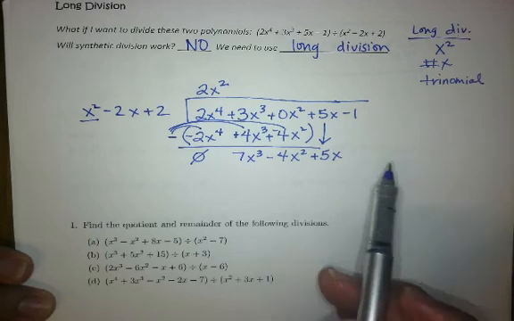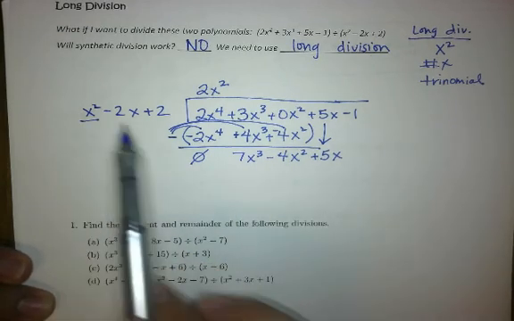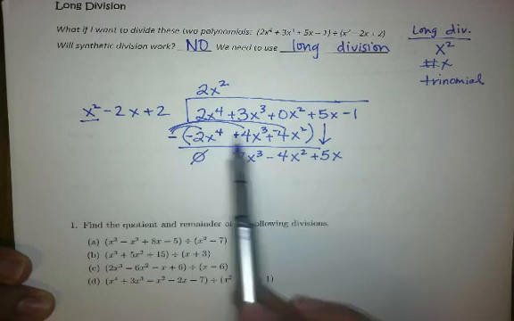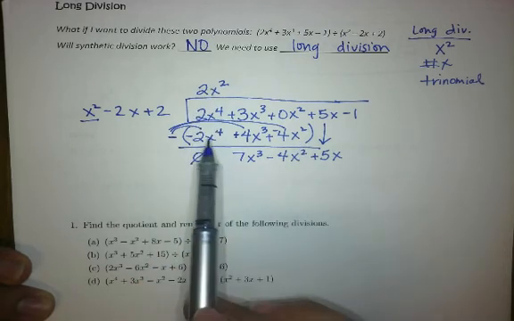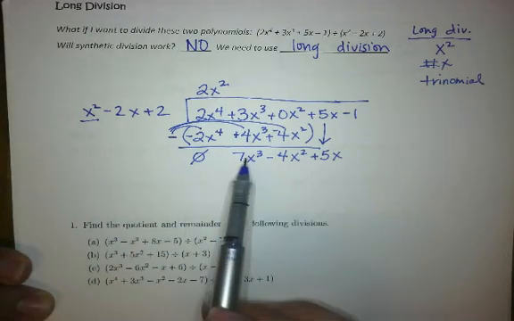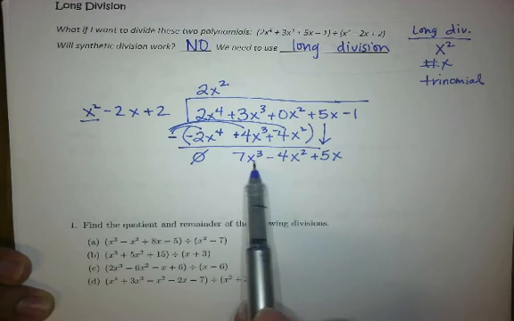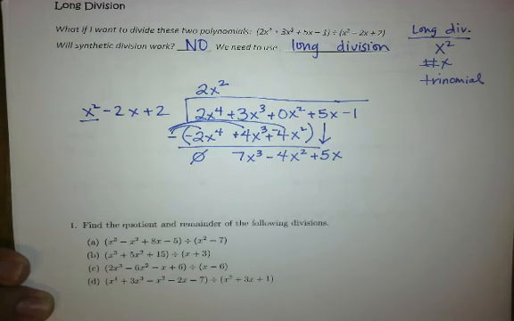So now we're going to do the same thing. Now, x squared times what is going to give us 7x cubed? All of this is whatever we got when we did this times that, which got us this middle part. Okay, now x squared times what is going to give us 7x cubed?